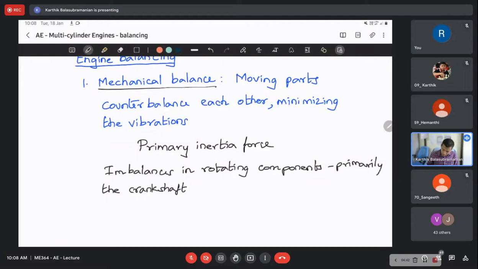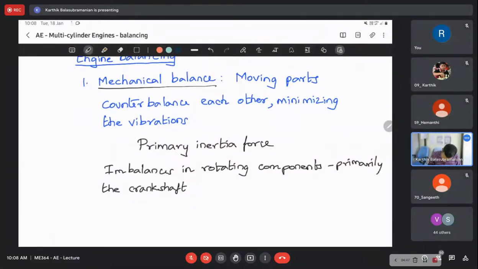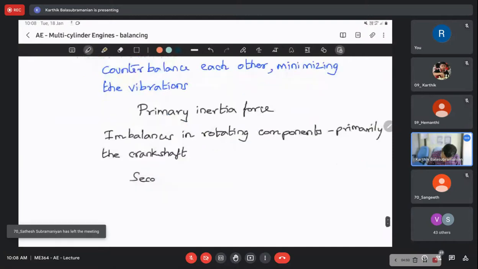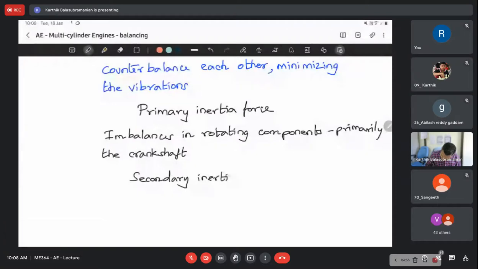And then what about secondary inertia forces? Sir, acceleration of the piston. It's not acceleration of the piston. It is caused due to the angularity of the connecting rod. The piston acceleration is there, but then what causes the imbalance?